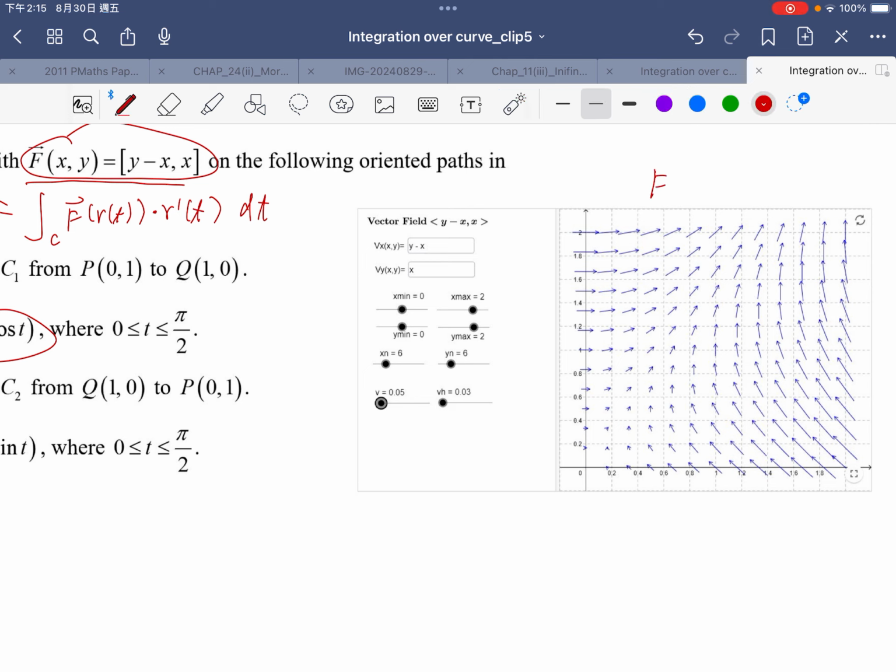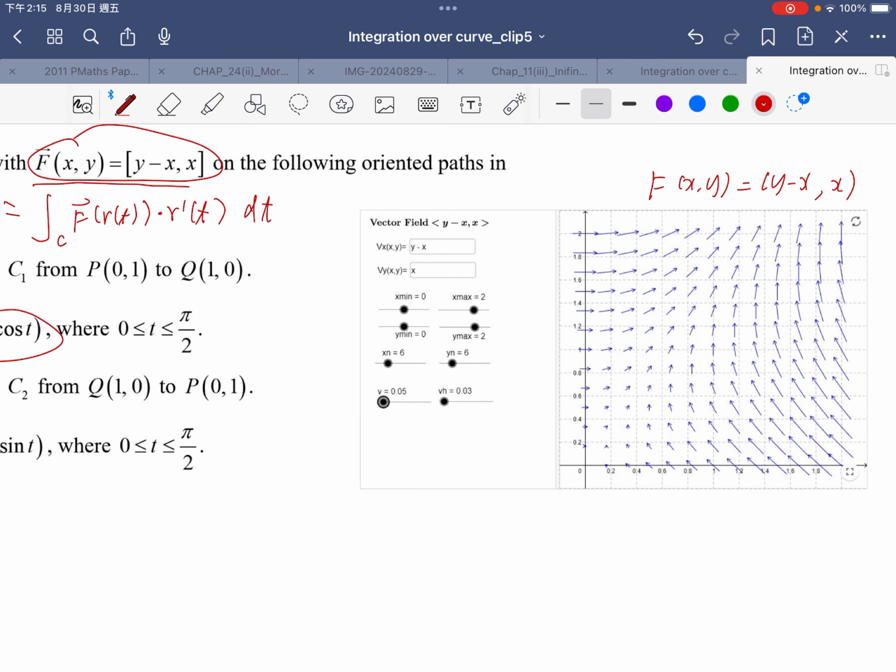The blue arrow is the vector field of the function F(x,y) equal to (y minus x, x). A vector field in two-dimensional space is a function from two-dimensional space to two-dimensional space.